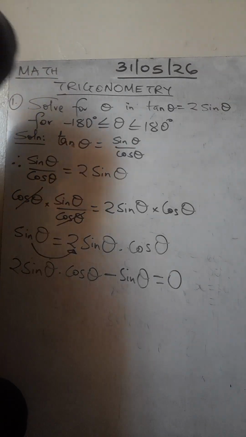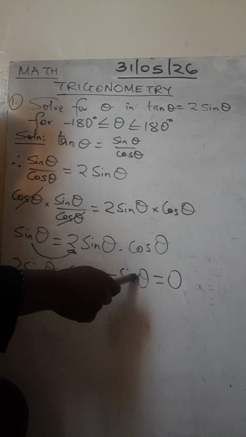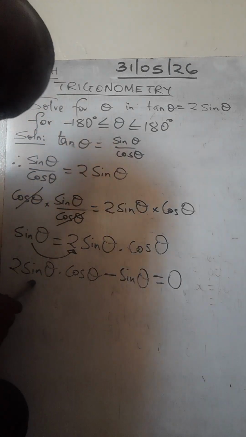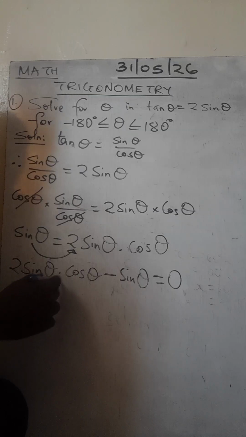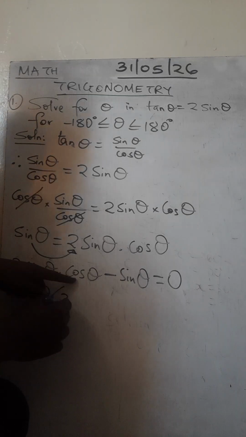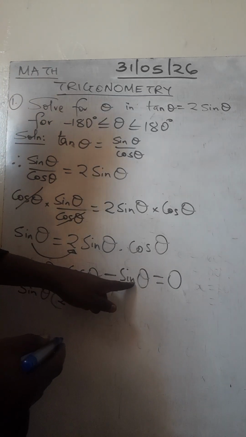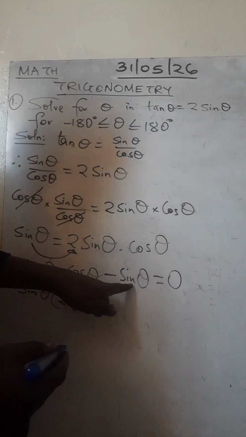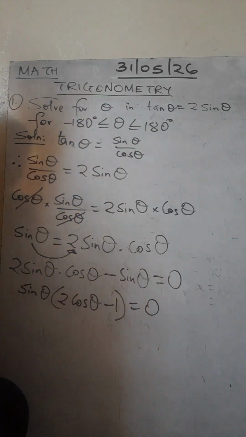Now we can factorize out the common thing. Sine is common, so we bring sine of theta outside. Inside we will have 2 cos theta minus 1, since sine is outside, equals 0.